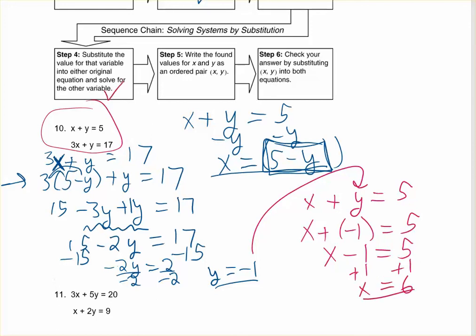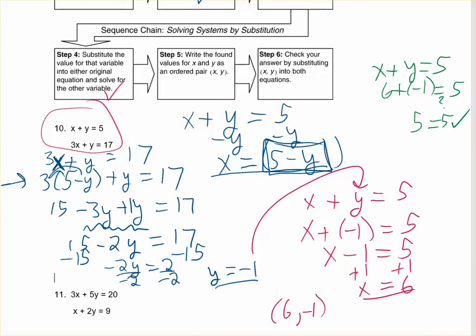Now we're ready for step 5. Write this as an ordered pair, (6, negative 1), and then check by plugging it back into the original equations. So when I check this, I'm going to put both numbers back into my original equations. So x is 6, y is negative 1, and does that equal 5? 6 plus negative 1 is 5, so it works in the first equation.